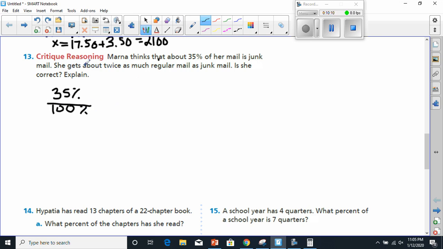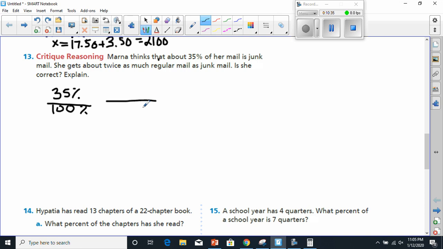And now they're saying she gets twice as much regular mail as junk mail. Okay. I think it said about 35% is junk mail. And so she gets about twice as much regular mail as junk mail. So her regular mail, remember the 35% is her mail that is junk mail.